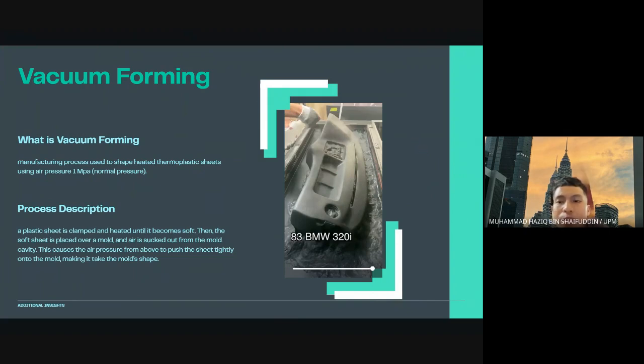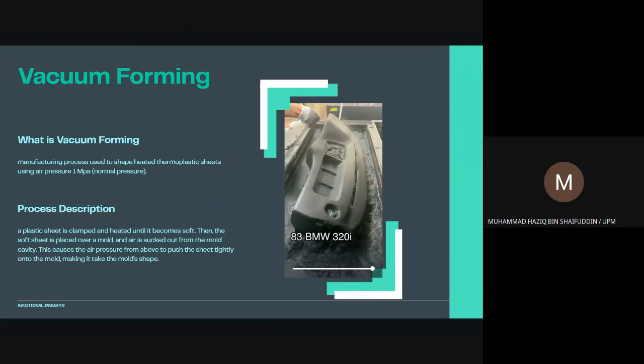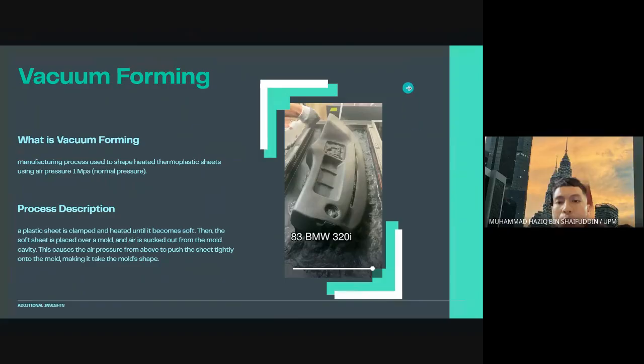Sometimes a vacuum or slight back pressure is applied to control the process and avoid defects like cavitation, which is like air bubbles. Then we control the pressure rate. The pressure must increase slowly so the material doesn't stretch too fast.